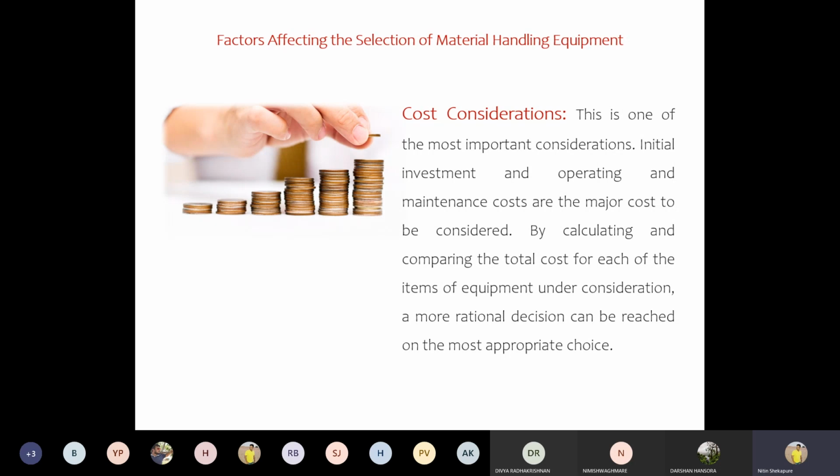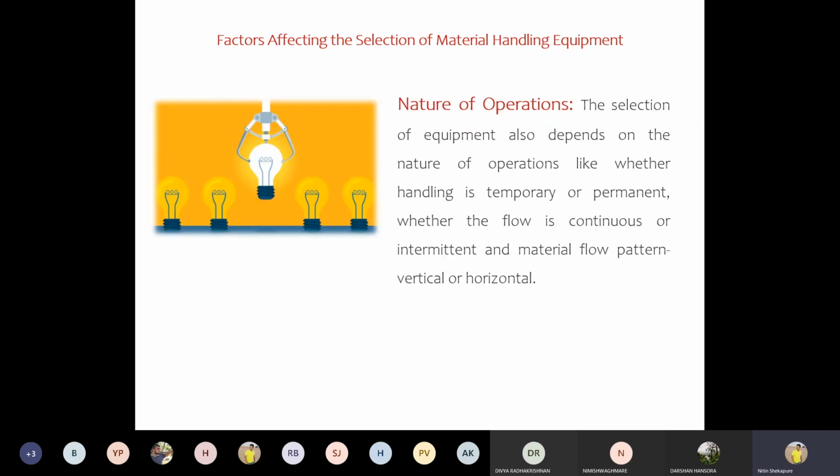Initial cost is high, okay, I can afford the initial cost. But what about the running cost? The average of that vehicle, then the maintenance of that vehicle, the insurance of that vehicle. So all these costs we need to take into consideration, and at the same time, the cost with respect to the life of that particular material handling equipment. What will be the life?